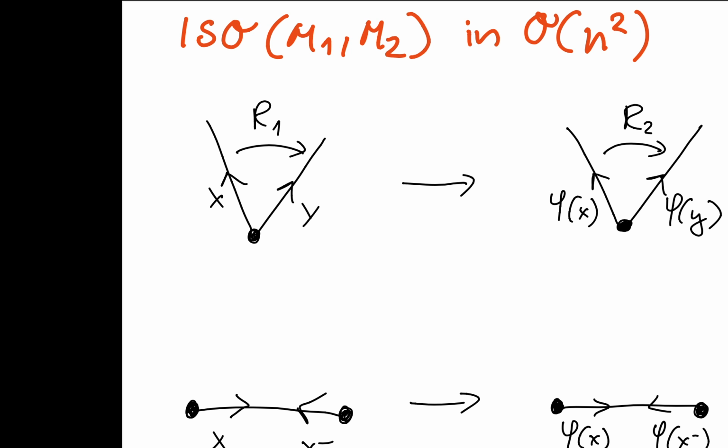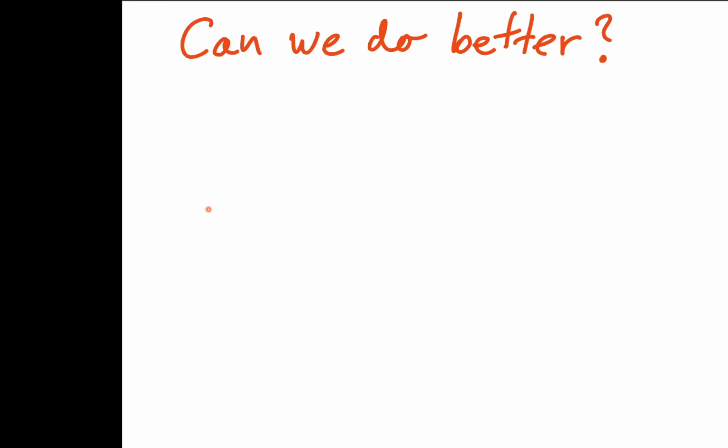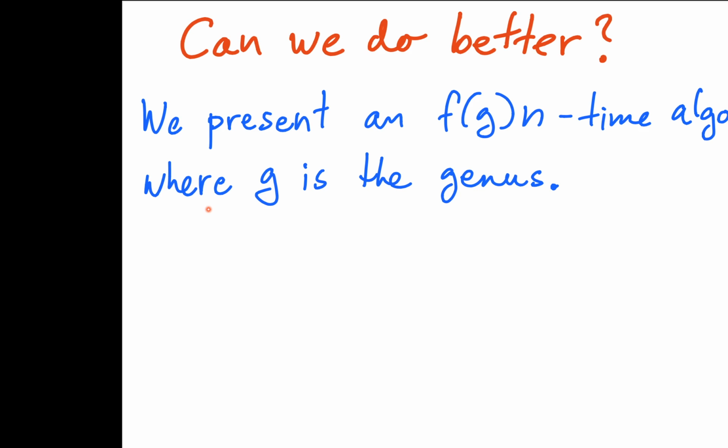So for a prescribed dart, we have a unique possibility for how to extend it. And this can be checked using a breadth first search. So this gives, in fact, a quadratic algorithm. The question is whether we can do better, and our result is that we give a linear time algorithm, which is parameterized by the genus of the underlying surface.